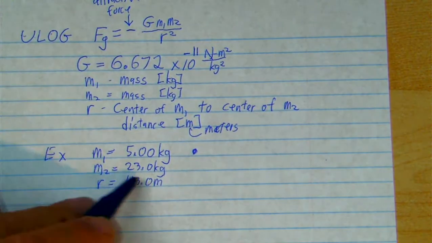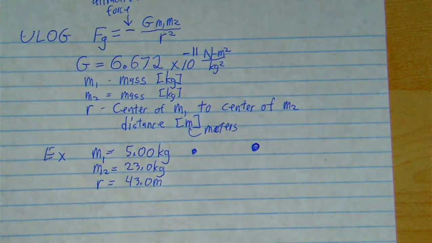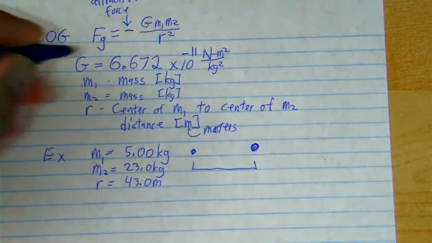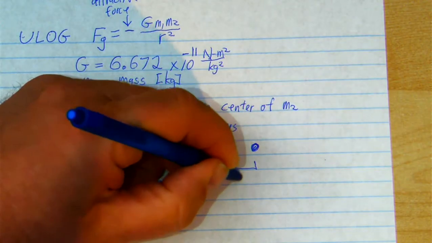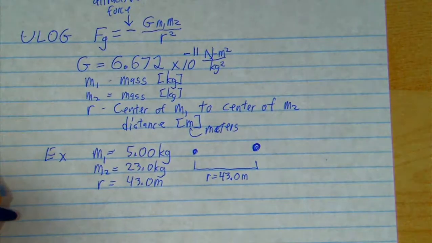The random mass of the second object is 23 kilograms. And the random distance from the center of one object to the center of the second object is 43 meters. Calculate, please, what is the strength of the gravitational attraction between these two masses?